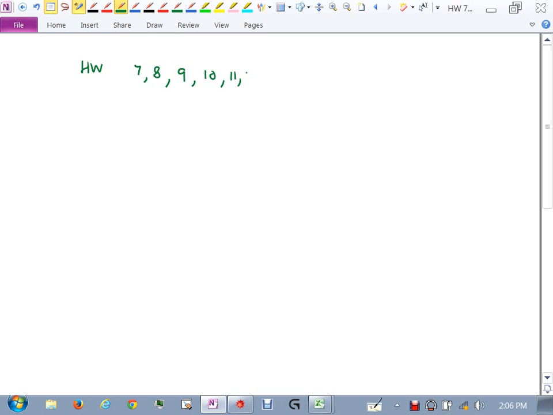Sorry, I'm just as I'm going. 12. That's good. 12, 15. This is page 238. Those are like easier type problems. Those aren't very challenging when it comes to optimization.